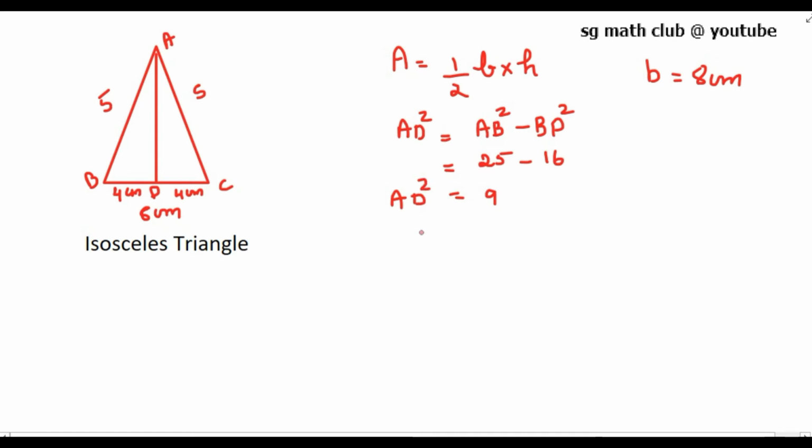So AD square is 9. AD will be square root of 9, which is equal to 3 centimeter. Now we can apply the formula: half into base 8 and height 3, which is equal to 12 centimeter square.